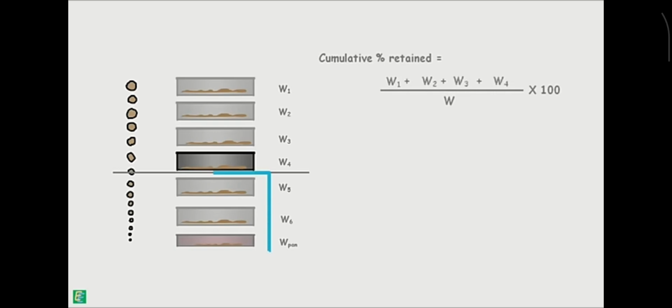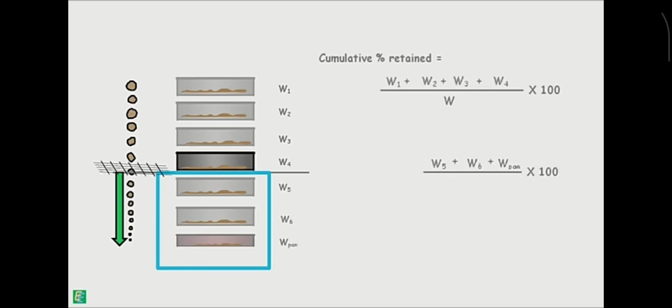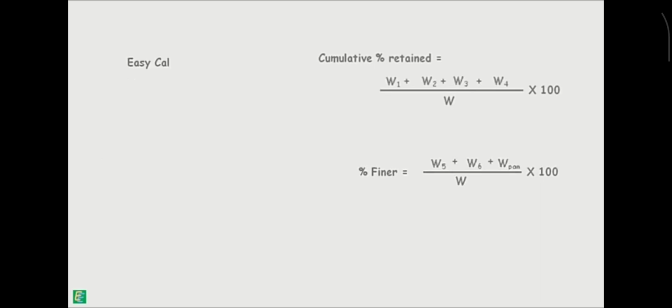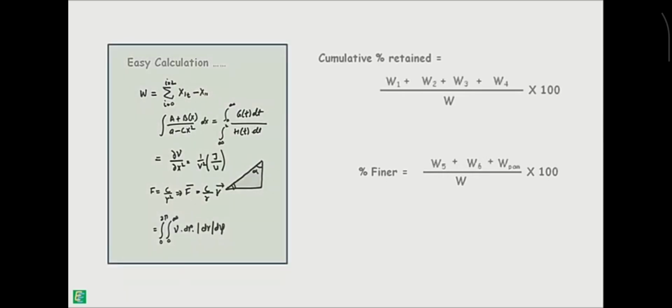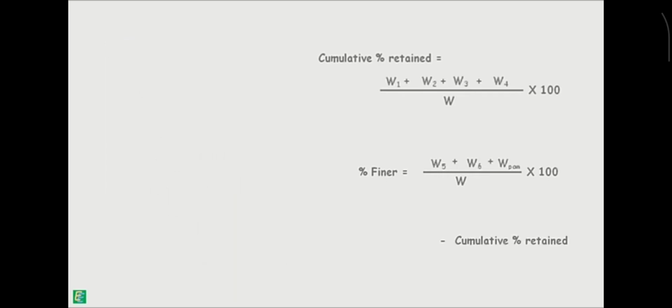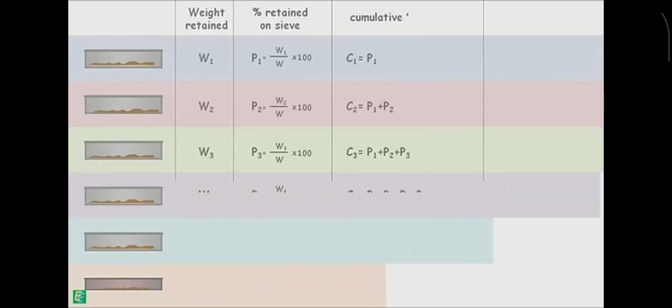And the amount of soil below this sieve is finer portion of the sample, which has particle size smaller than openings of the sieve. Total weight of this portion in percentage of total soil sample is percentage finer of this sieve. This can be easily calculated by simply subtracting cumulative percentage from the 100% of the soil sample. Now we can complete our table.